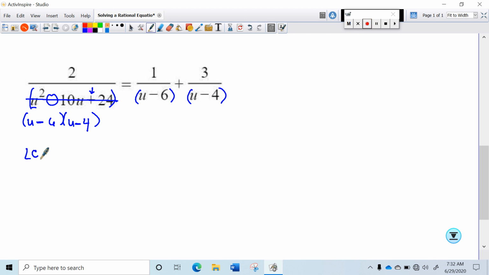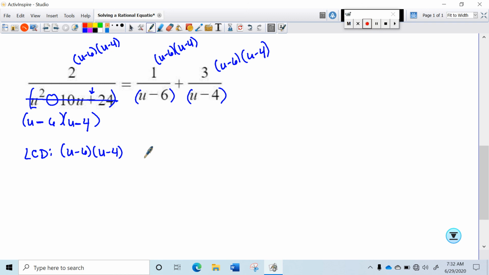So my LCD is one of each of those families. So I have a family of u minus 6, a family of u minus 4, and I already have that listed. So I put the LCD with each term, u minus 6 times u minus 4, u minus 6 times u minus 4, u minus 6 times u minus 4.